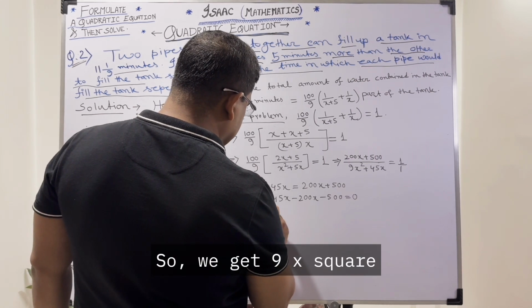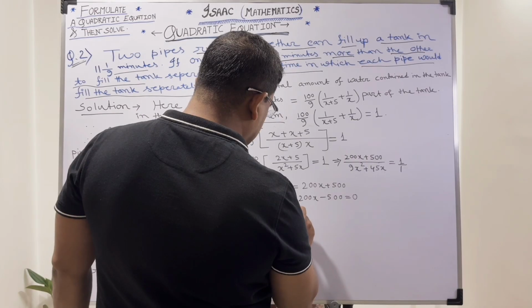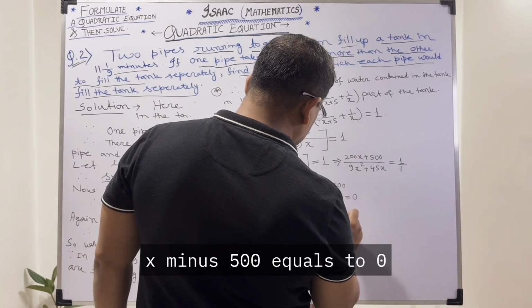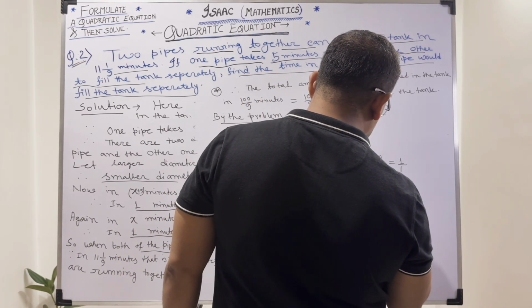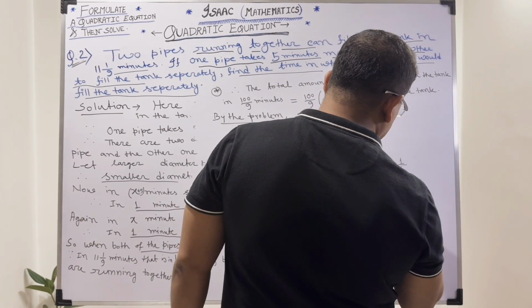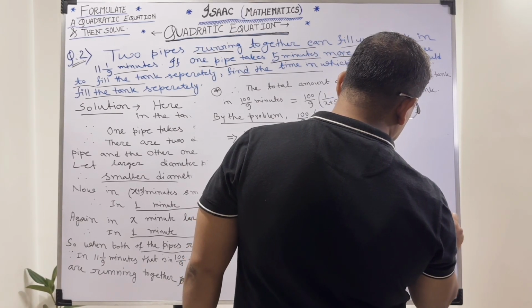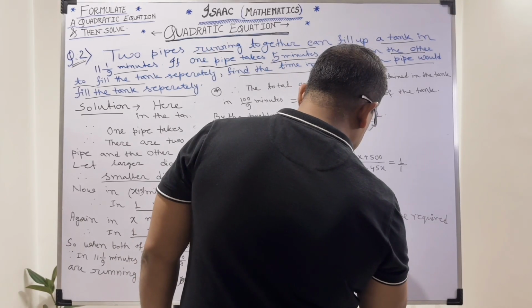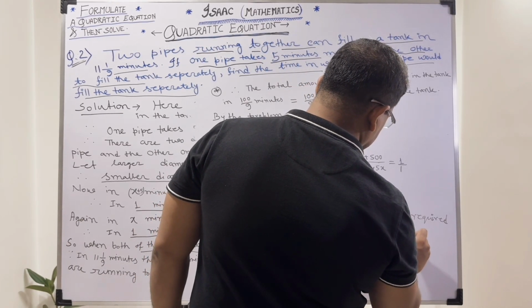So we get 9x square minus 155x minus 500 equals to 0. This is the required quadratic equation.